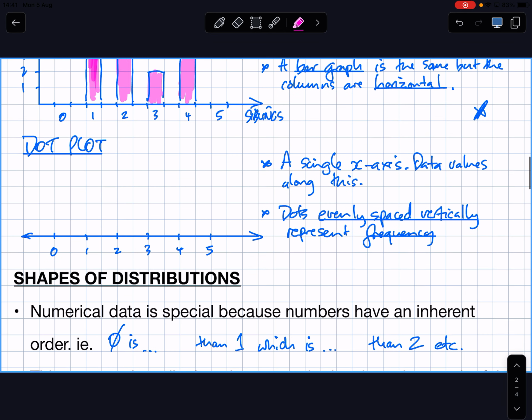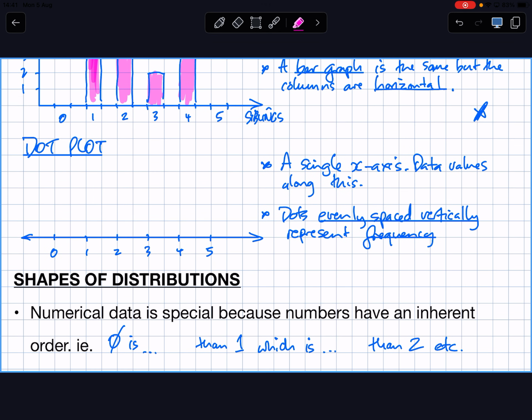Next, dot plot is the other kind of graph you can use for discrete numerical data. This is a little simpler. You simply have a single x-axis. The data values go along the x-axis. So it's siblings again. But the dots, evenly spaced vertically, represent the frequency. So was there anyone that had 0 siblings? No. There were 12 people that had 1 sibling.